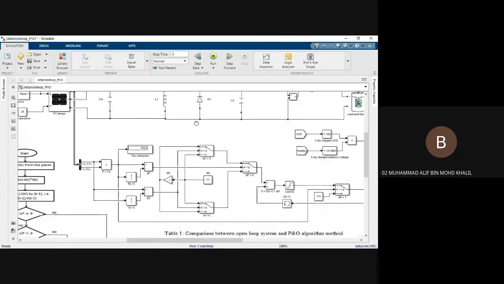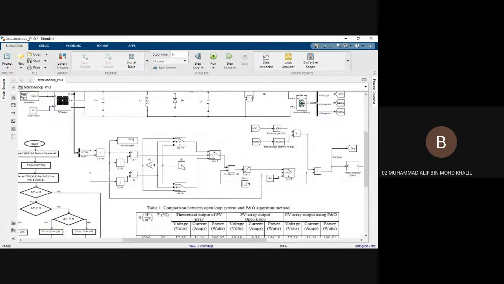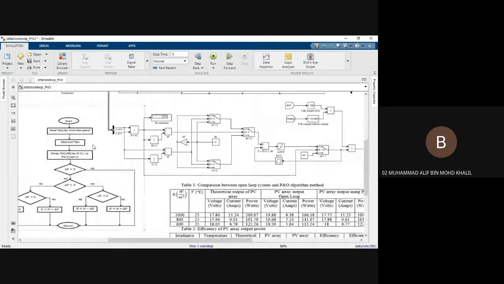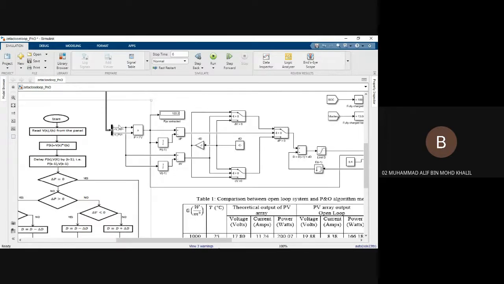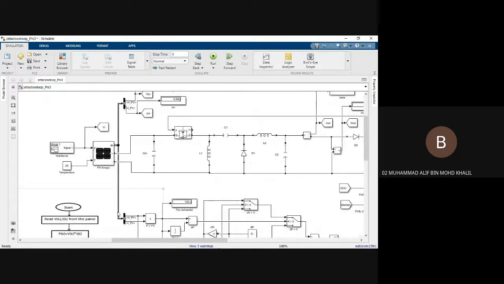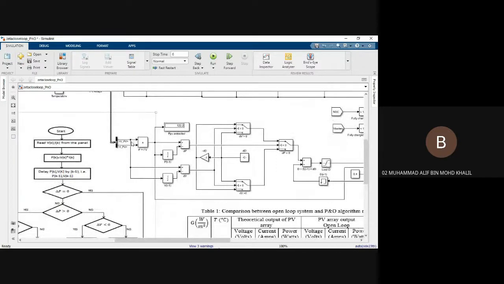So let's go here. Here is the P&O algorithm. I translated this flowchart into the block diagram. The PV module will give the voltage and the current. So it will read the voltage and current from the panel, and we multiply them to get the power.